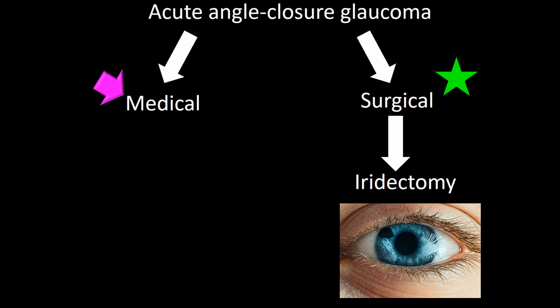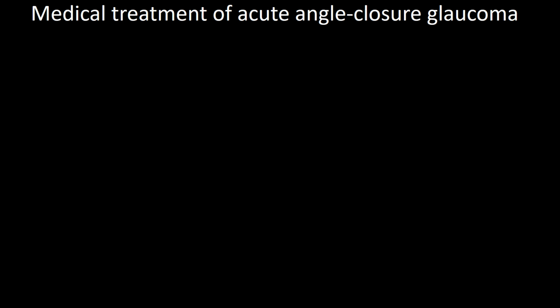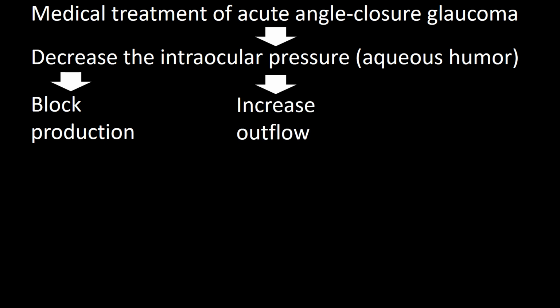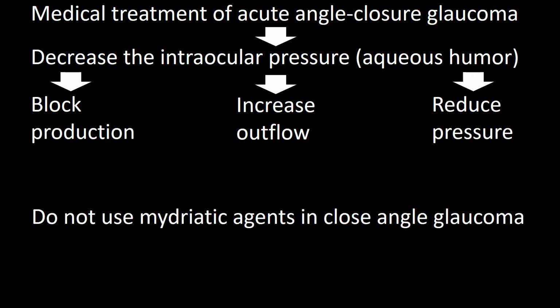Medical treatment is just as important and is always the initial step in the treatment of acute angle closure glaucoma. Medical treatment consists of decreasing the intraocular pressure by acting upon three aqueous humor factors: blocking production of aqueous humor, increasing outflow of aqueous humor, and reducing aqueous humor volume.